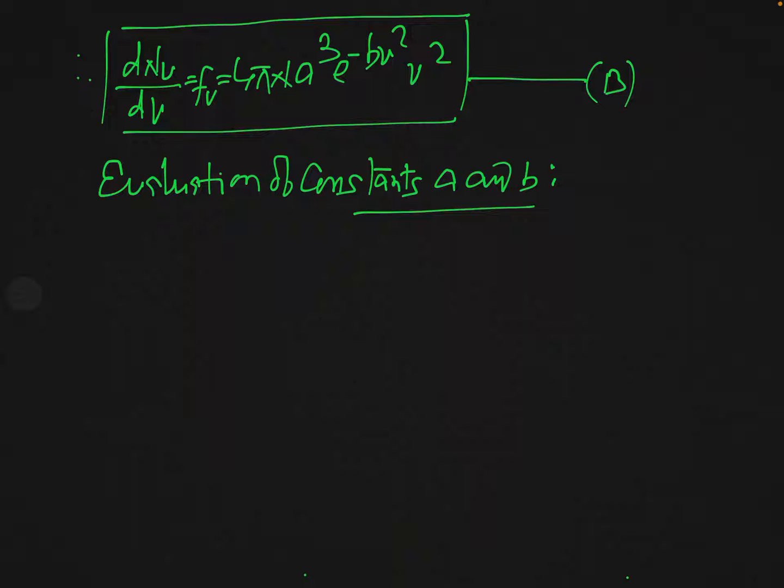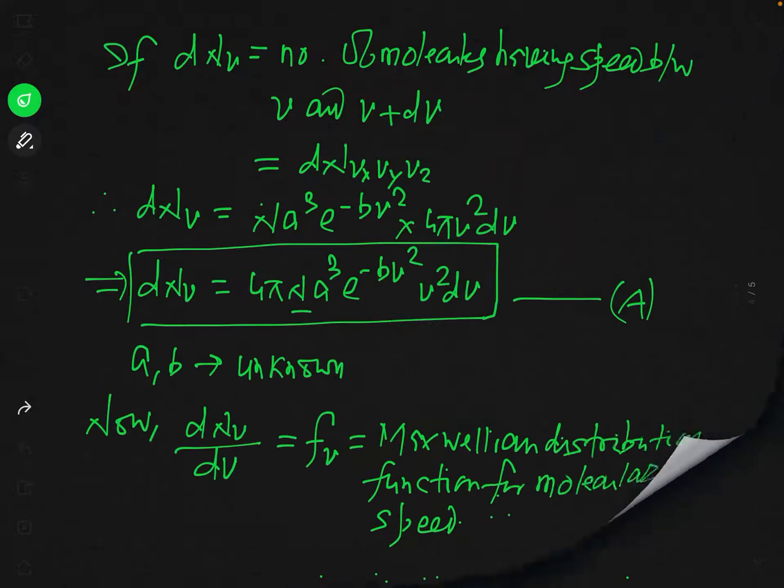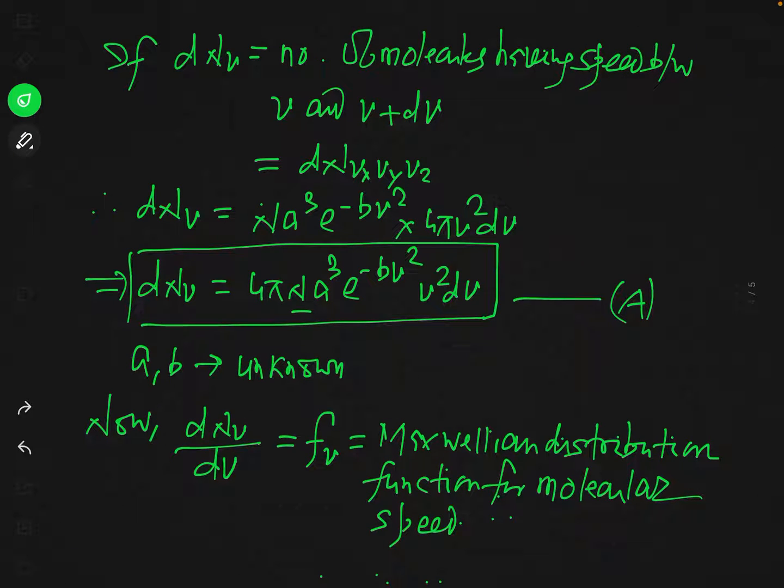Actually, to evaluate the constants A and B, we first make use of the fact that the integral over dnv for all values of v will be equal to the total number of molecules. Why? You can see here this dnv is the number of molecules having a speed between v and v plus dv.